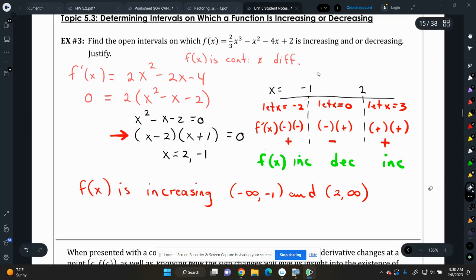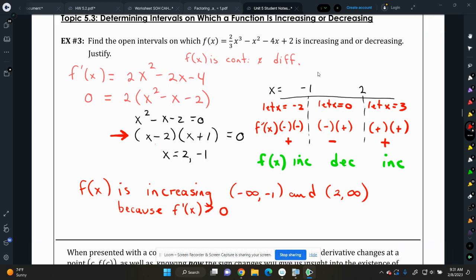We actually have to say because f of x is increasing on those intervals because f prime of x is greater than 0. We have to make the connection between the increasing and f prime of x being greater than 0.